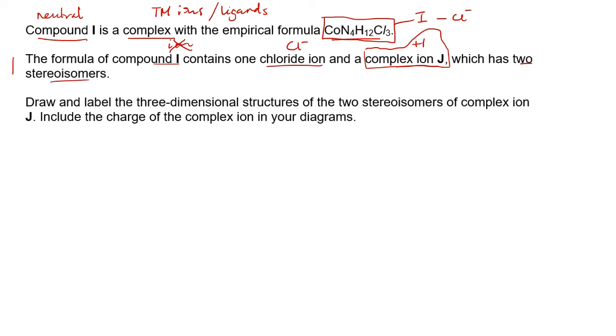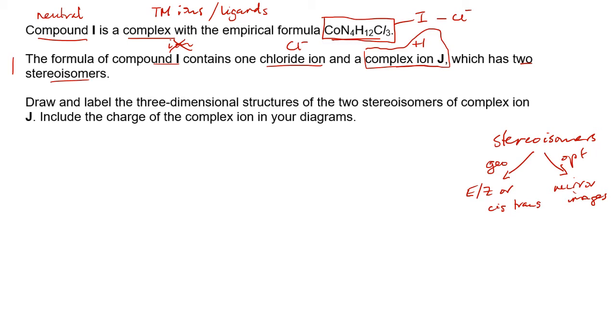So let's just have a little revision about stereoisomers. Stereoisomers are either geometric or optical, and optical is when you've got mirror images. Geometric is E/Z or cis-trans.